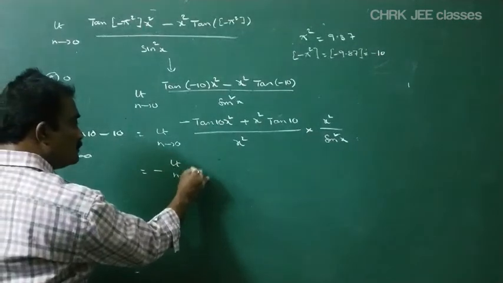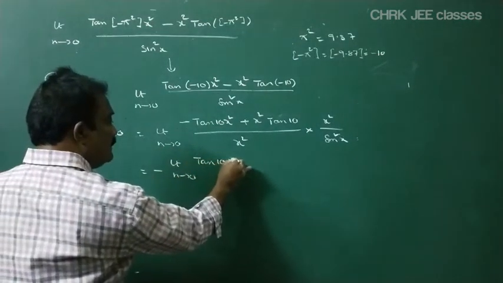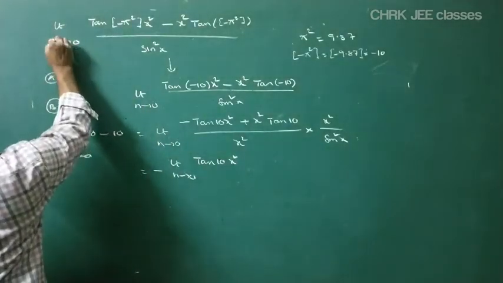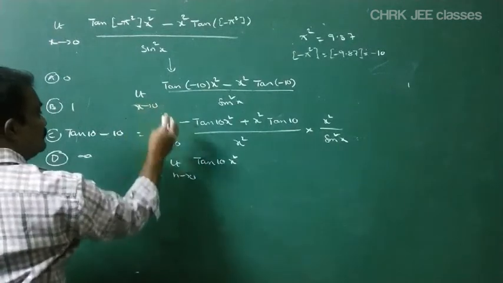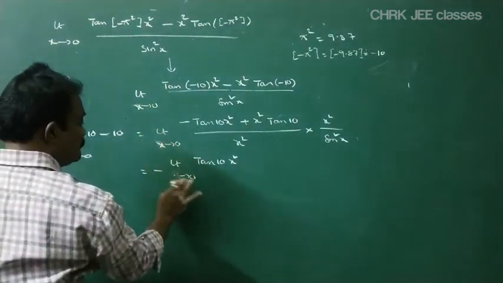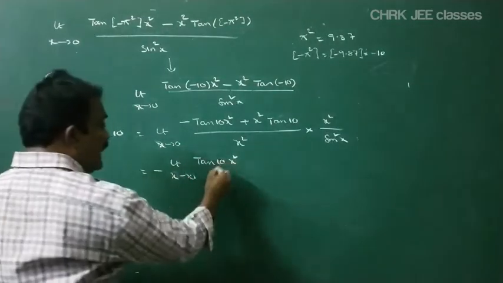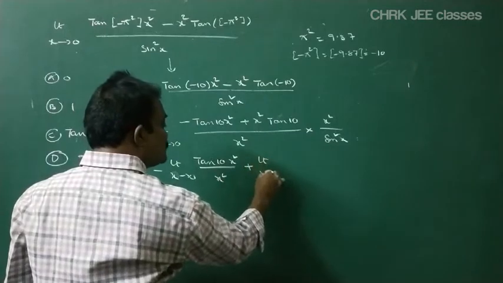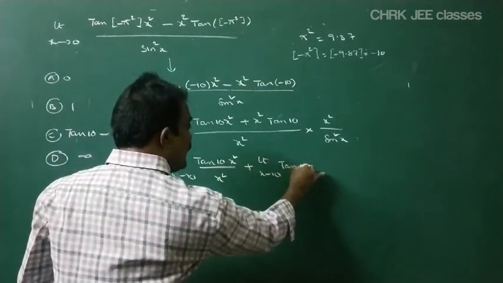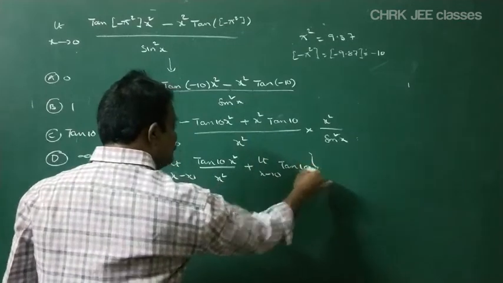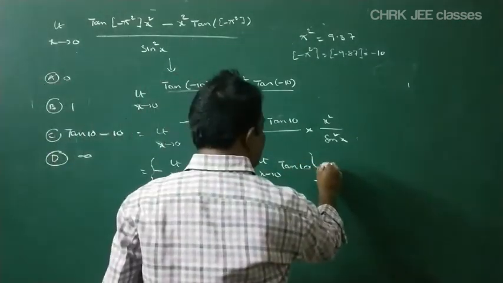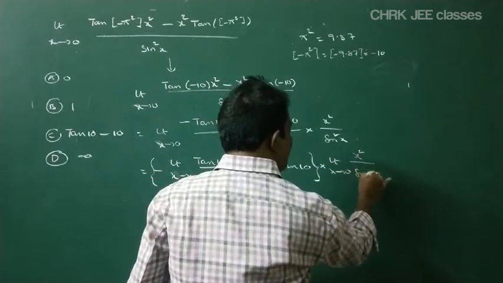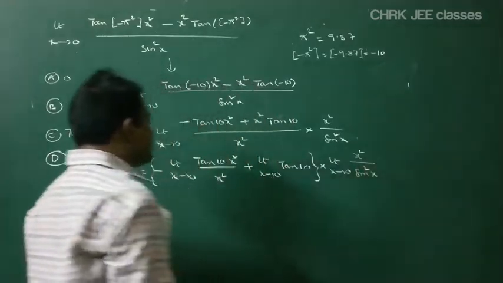That equals minus limit x tends to 0, tan 10x square by x square, plus limit x tends to 0, tan 10, here both x square are cancelled, into limit x tends to 0, x square by sin square x.